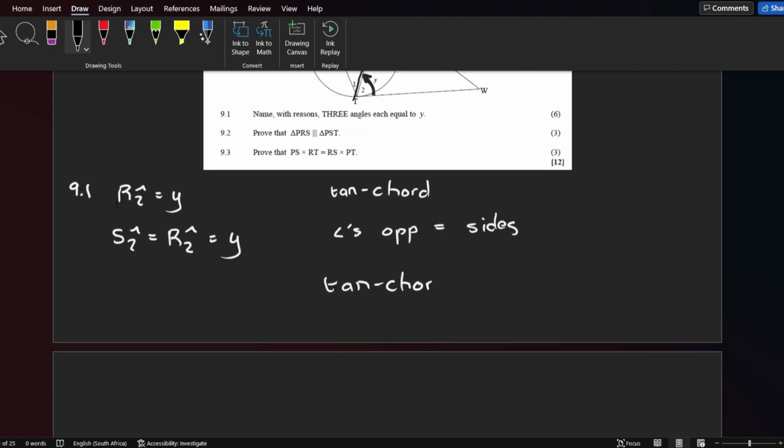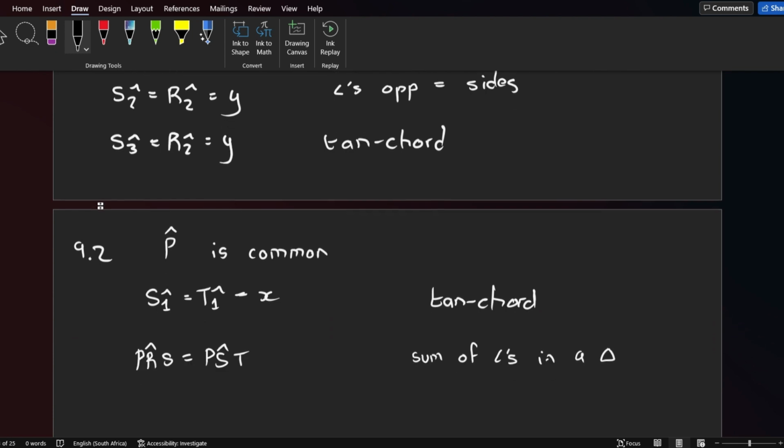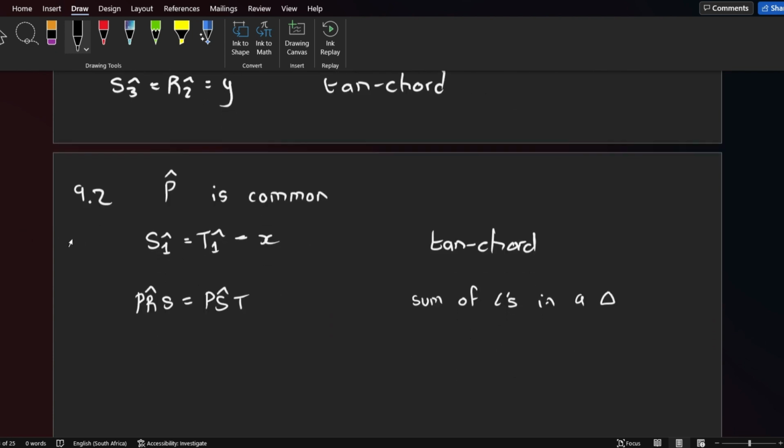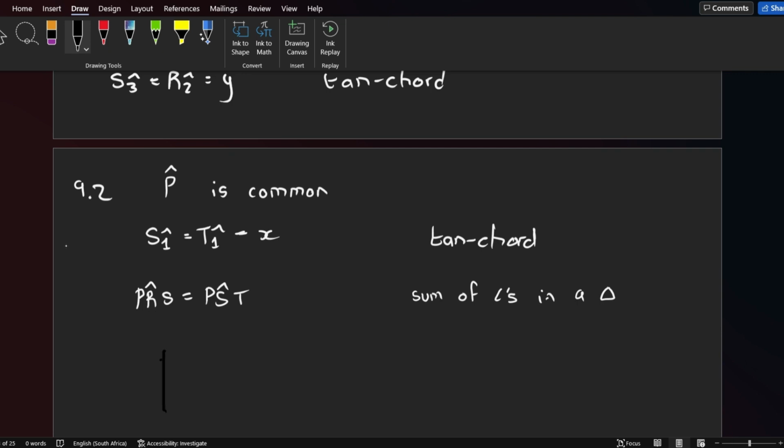Okay, and then therefore we can conclude that triangle, okay, let me just erase this line. Right, sorry about that.